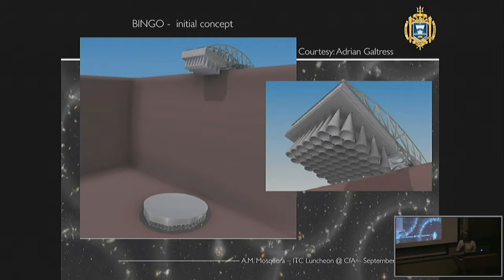I'm going to talk a little bit about the initial concept of BINGO, but before that, I'll tell you why this is important. I'm pretty sure that you know. One of the most exciting things that we are studying is how the inhomogeneities that were created after the Big Bang transform into the clumping of the galaxies and the large structure that we observe today.